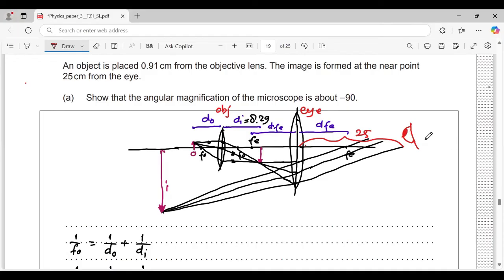So from the eyepiece lens to the eye is 25 centimeters. So the image occurs at our eyes. Is that clear? Let's continue.